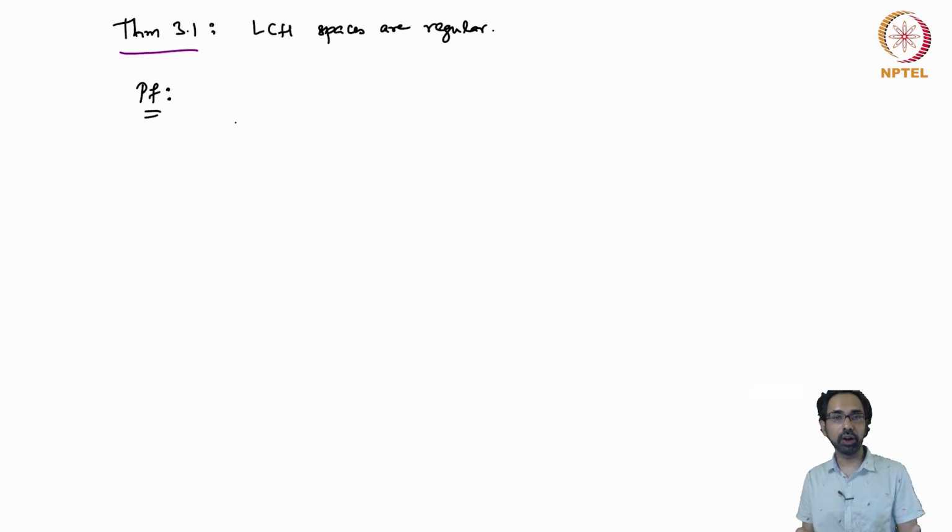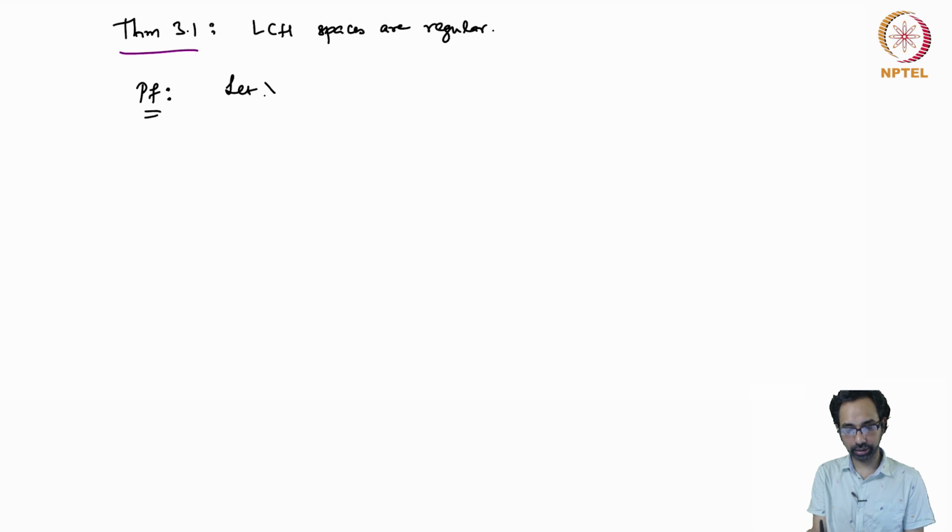We know that compact Hausdorff spaces are regular, and all subspaces of regular spaces are also regular. So this will show that locally compact Hausdorff spaces are regular. Let's see a proof for this fact.